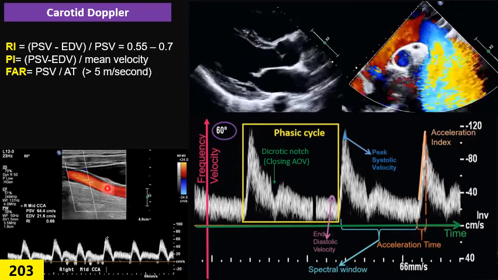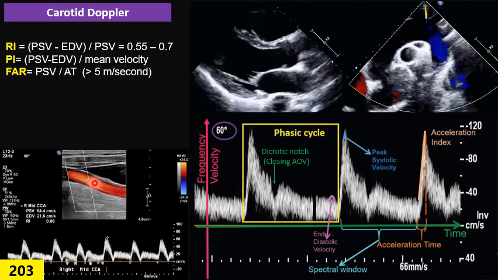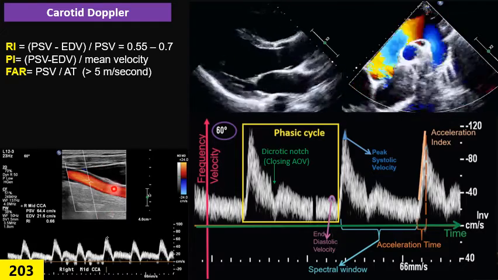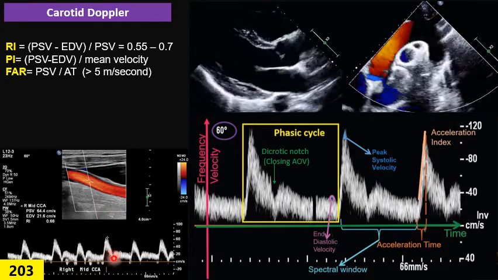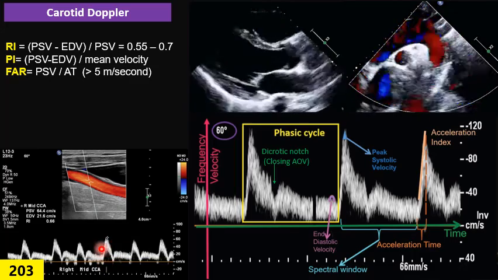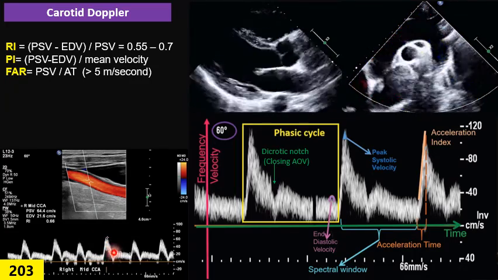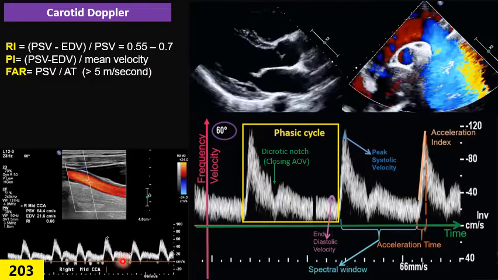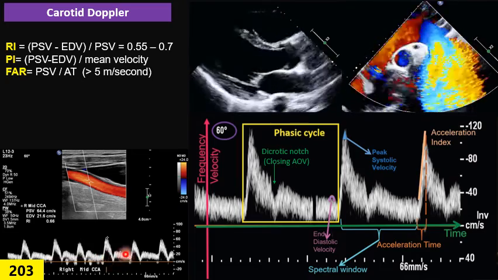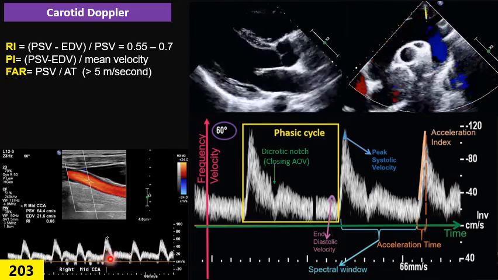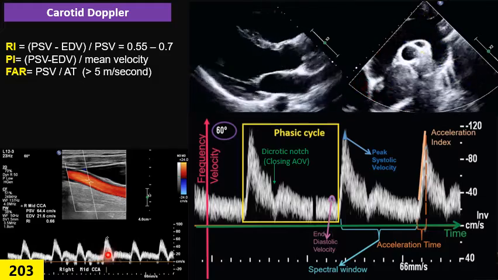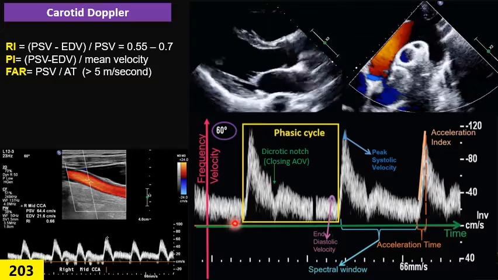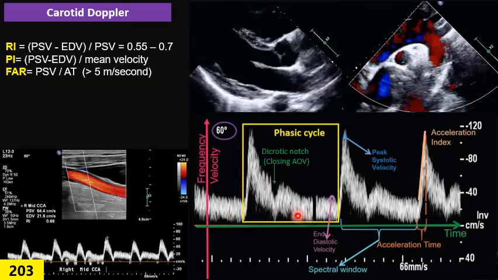It means that when we put the sample volume at the center of the carotid, we have a pure, homogeneous, and even velocity. So it creates a sharp, narrow envelope, and below that it is black and we don't have any Doppler.